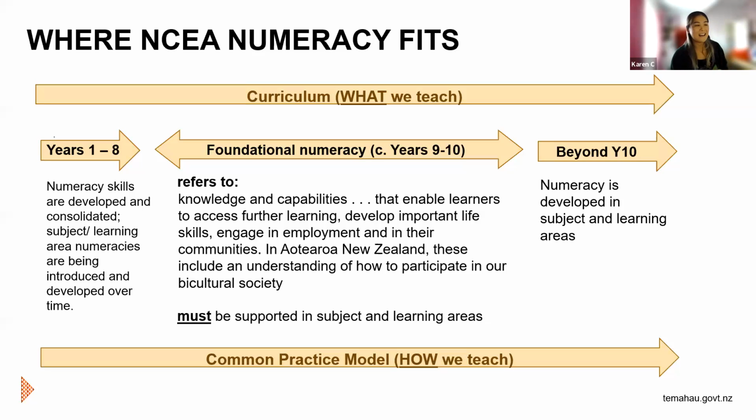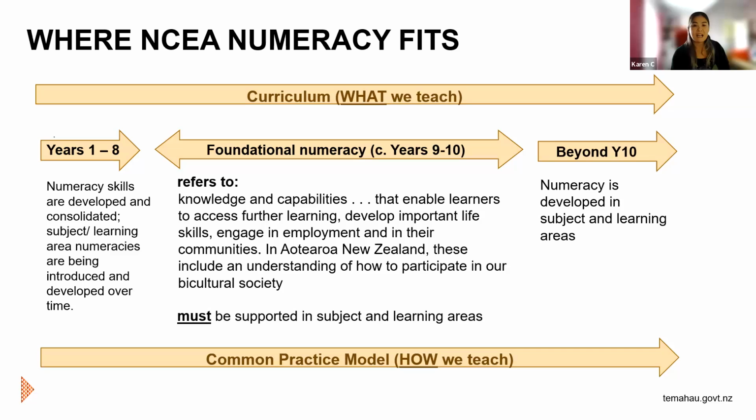Now, you may notice on my diagram in the middle that years 1 to 8 and beyond year 10 seem to be very small areas, but that doesn't indicate the importance of numeracy and also literacy from the moment learners enter a classroom to even beyond gaining the prerequisite. It's more of an indication of the area in which I work.